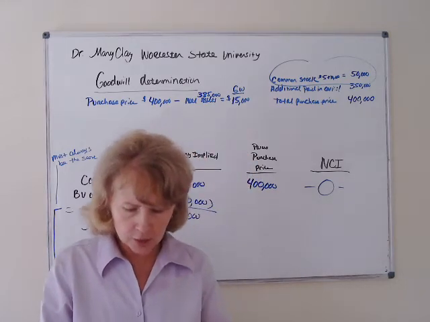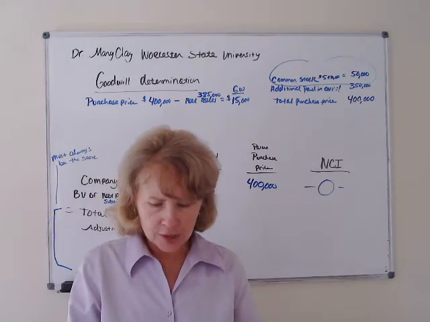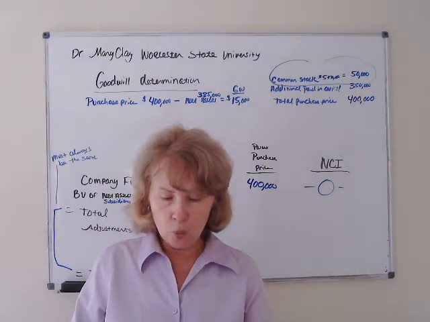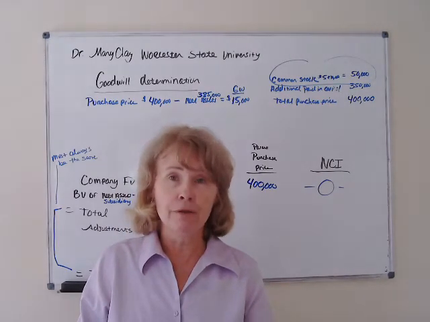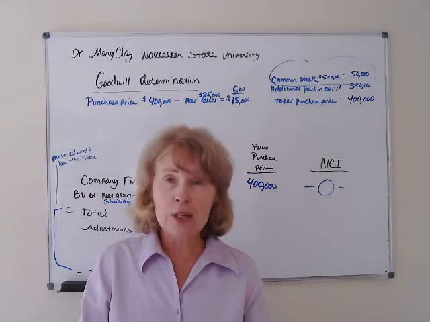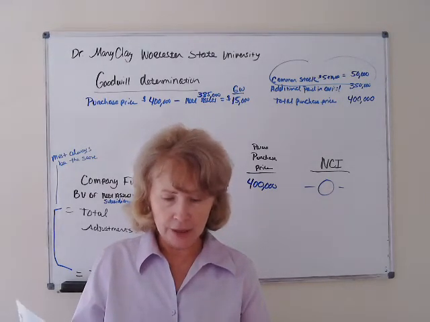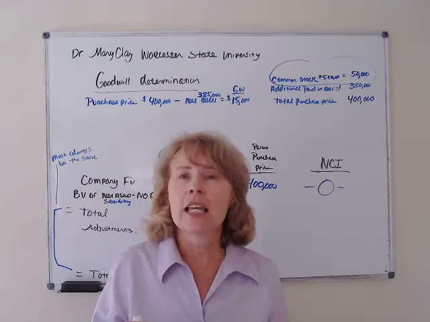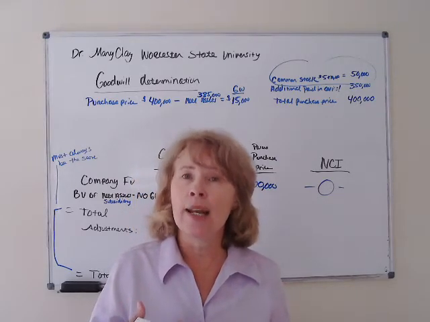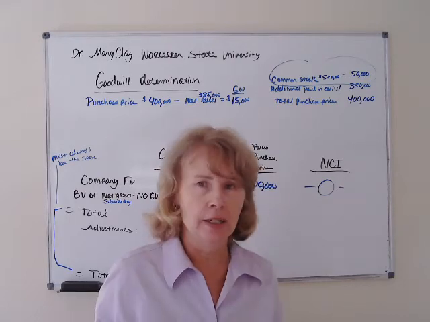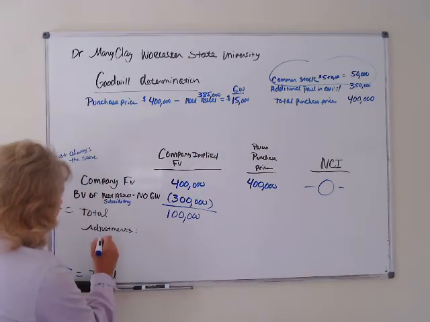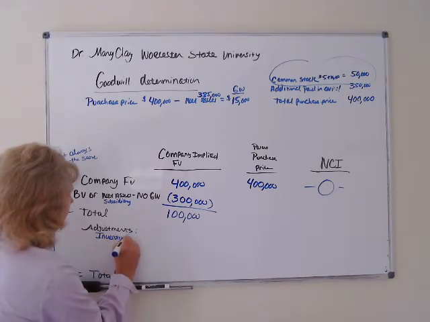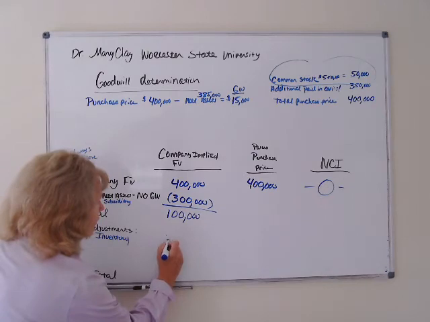All right, so let's look at this problem. The first difference I see is inventory. So inventory was $145. The fair market value is $175. The difference between the two is $30,000. It's inventory, it's an asset, it went up. You will show that positive. So I'm going to put in inventory, 30,000.